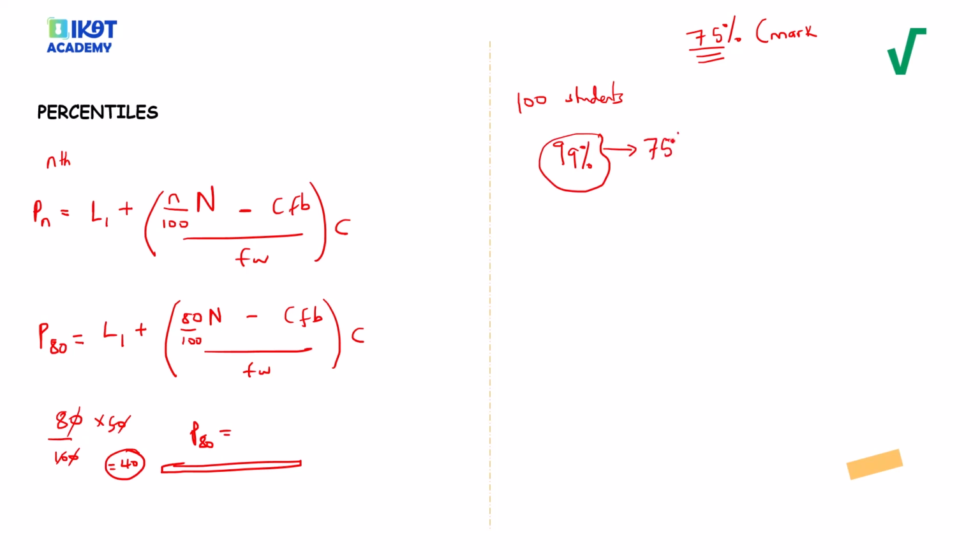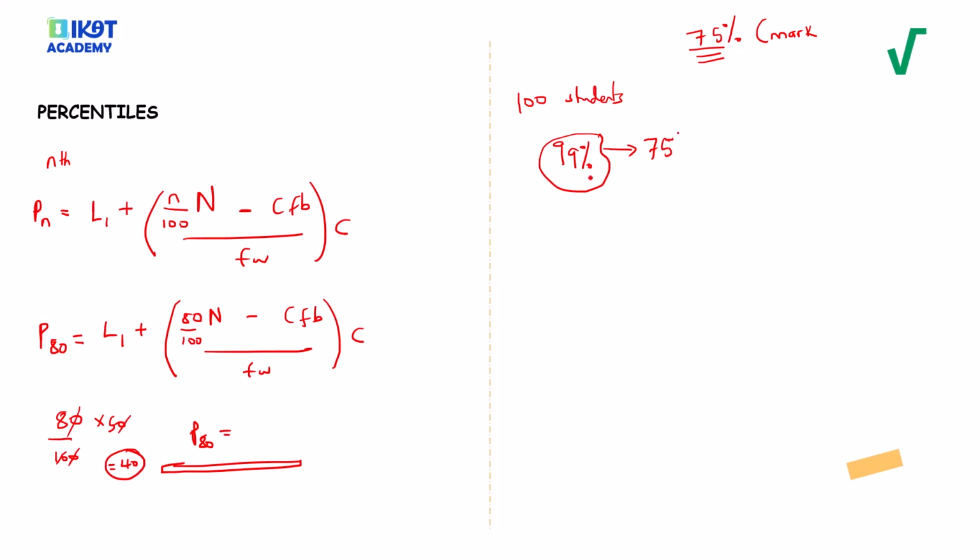I don't know if this is making sense, because in as much as this student scored 75%, he is at the 99th percentile because he is the best student, because 99% of the students are below him. So when I say 99th percentile, it means 99% of the values are below that. Or if I say 80th percentile, it means 80% of the values are below that.